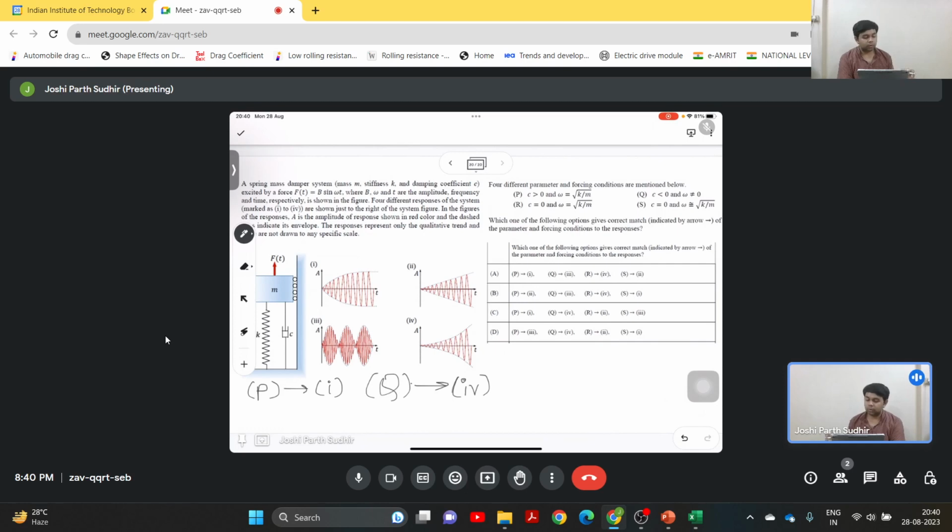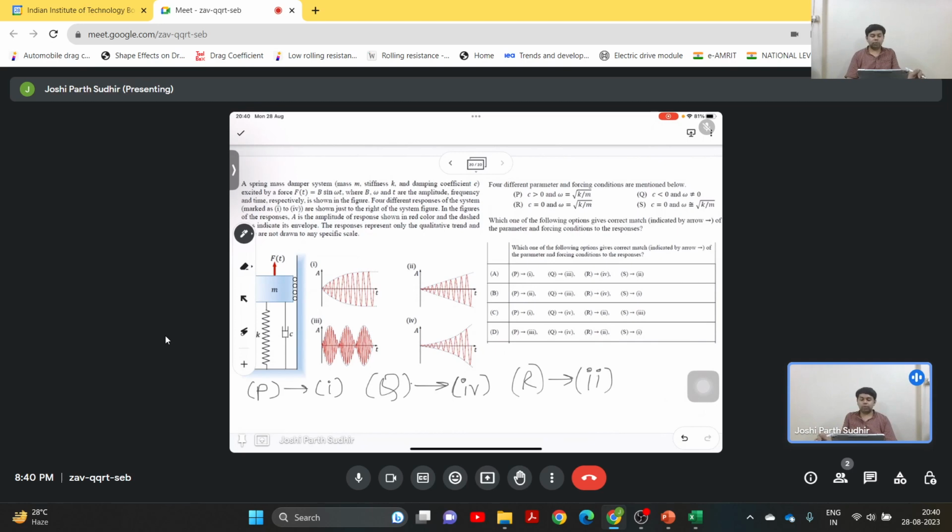Therefore option number 2 seems to be the correct one for this set of parameters. So the correct response for this parameter set is option number 2.